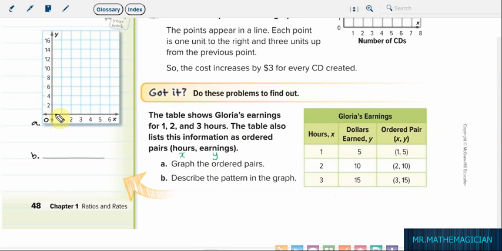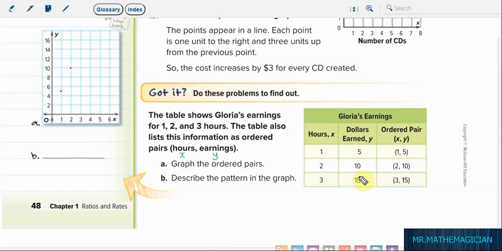1 and 5, we move 1 along the x, then 5 units up. 5 units will be exactly in the middle between 4 and 6. This is 1 and 5. Now 2 and 10, so go to 2 on the x-axis up to 10 on the y-axis.